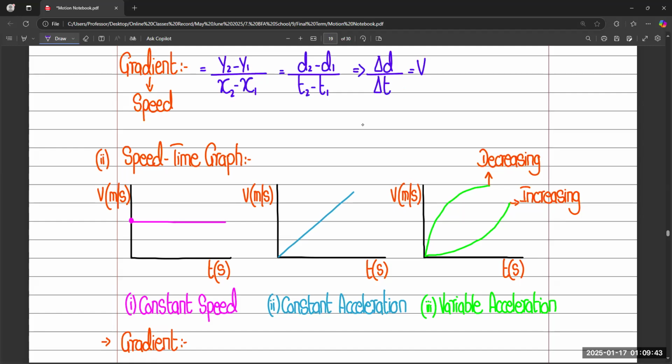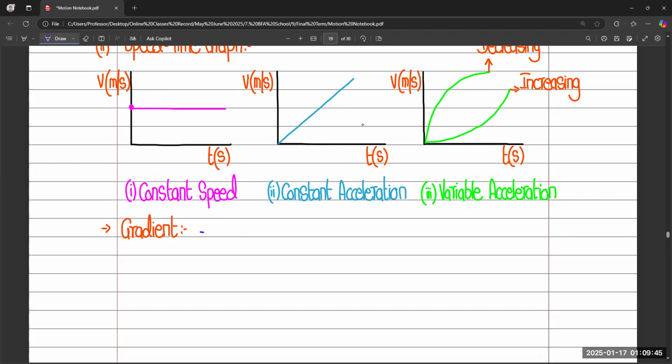So in the same way, if you compare quantities, v2 minus v1 divided by t2 minus t1 is equal to acceleration. So it is equal to acceleration.